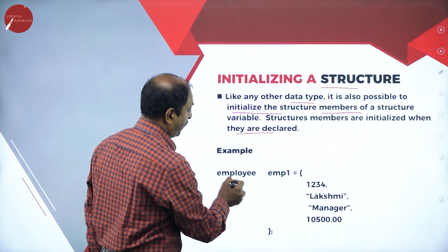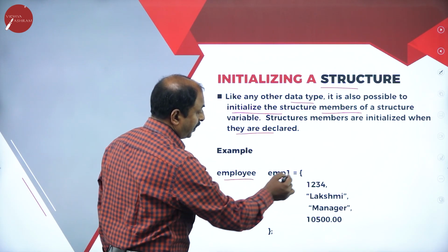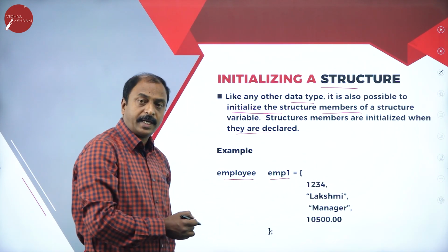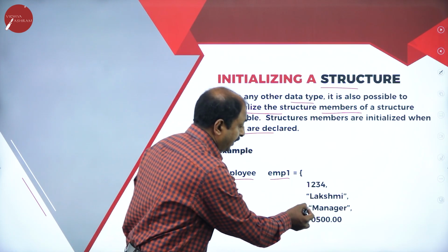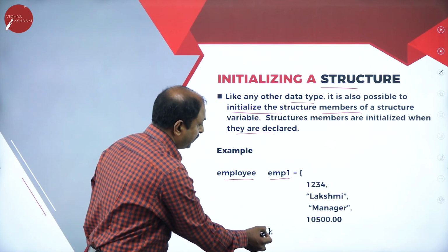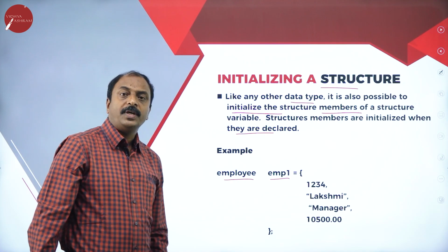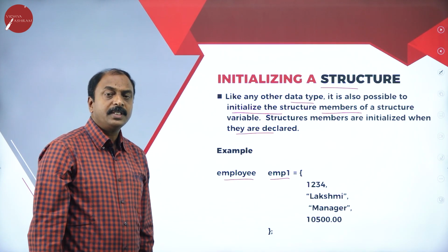Here employee is the name of the structure, and here we have to enter the values. So 1, 2, 3, 4 is the ID number, then the name of the employee, and the designation. This is the salary. Then we close the initializer with the bracket and semicolon. So this is how we initialize the data members of a structure.